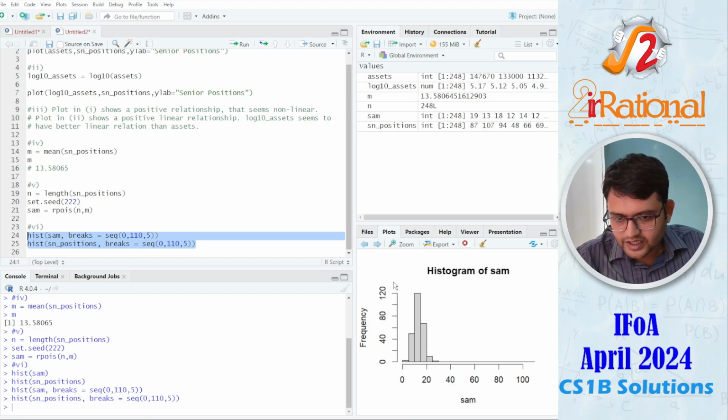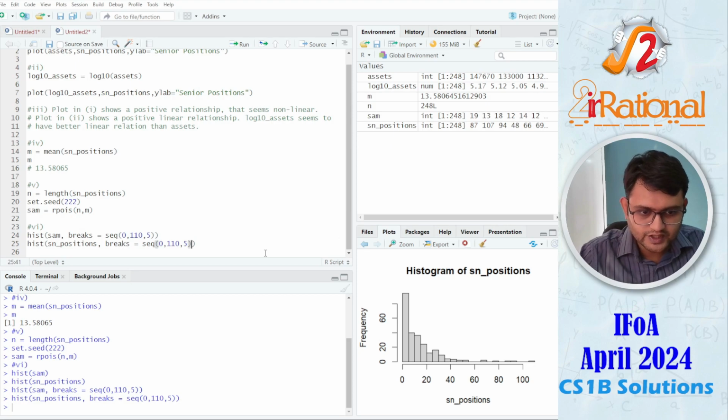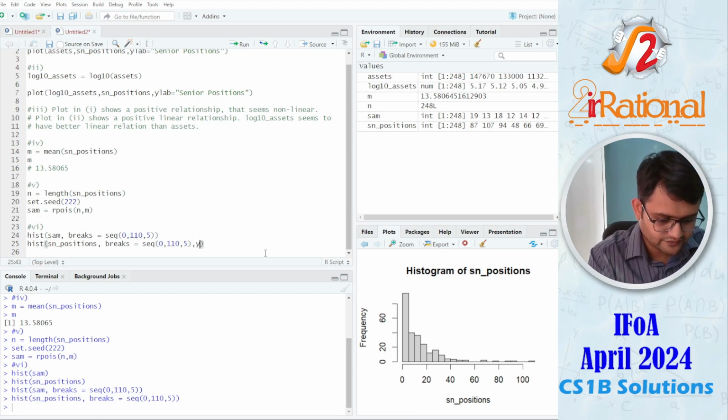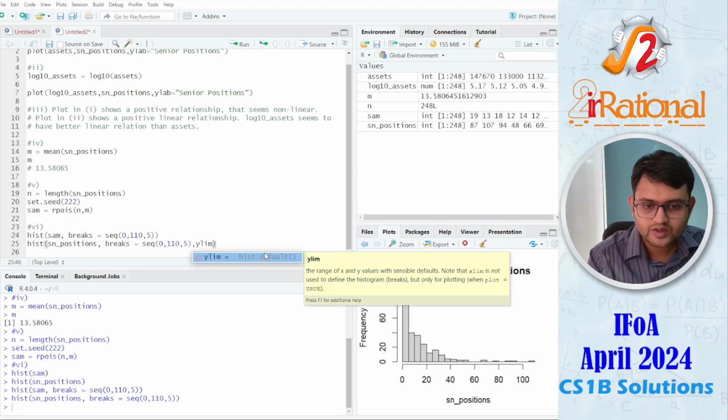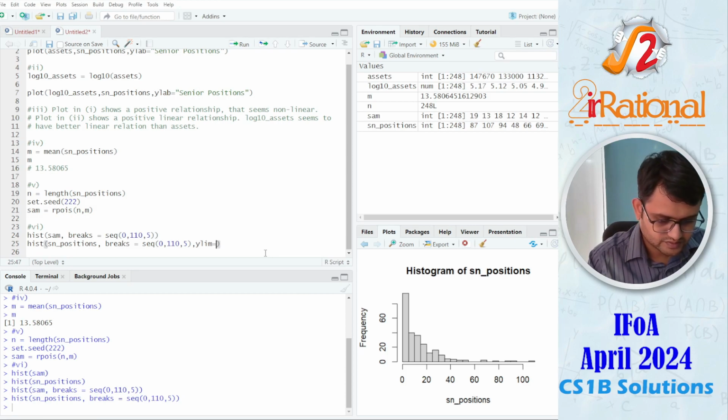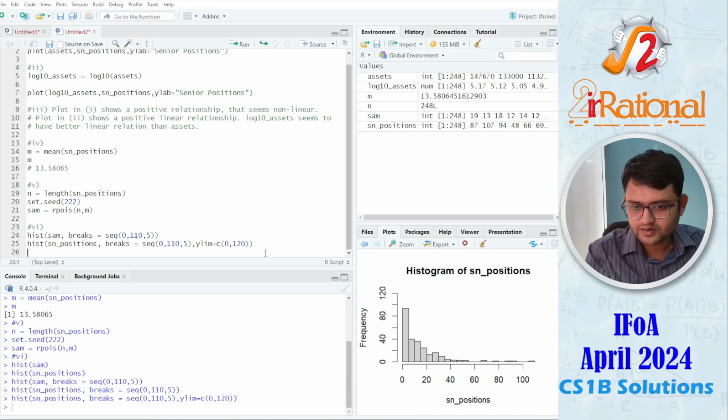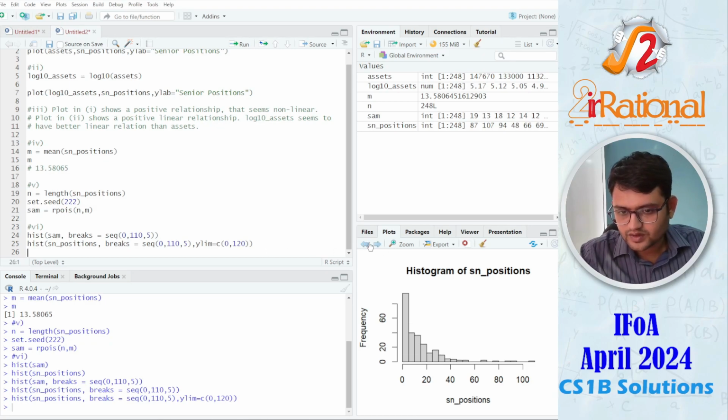Now the scale on the y-axis, here we are going till 120. Here it seems like we are going till 100, so I will make this one go till 120. I'll say ylim c(0, 120). Now it seems like both are going till 120.